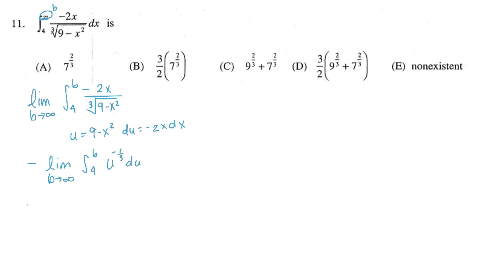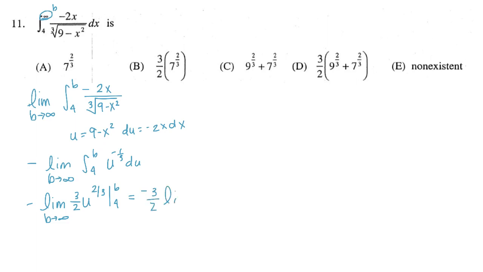And so again, bringing all this down, limit as b approaches infinity. If we integrate here, we're going to get u to the 2/3, and so 3/2 at the front, evaluated from 4 to b. And I'm going to throw that 3/2 back out to the front, so I have negative 3/2, and then the limit.